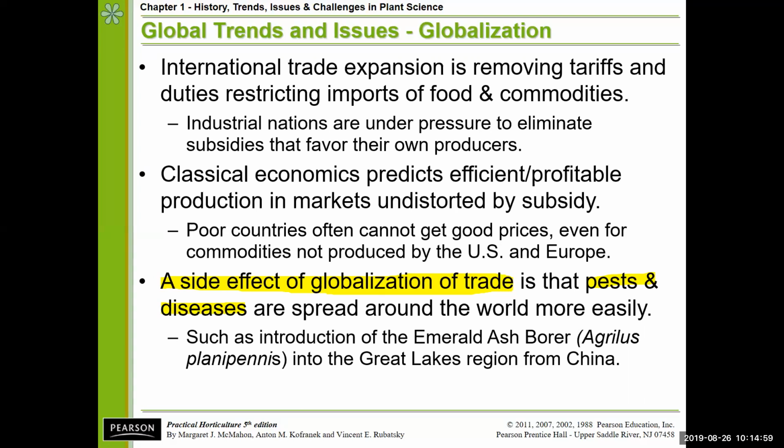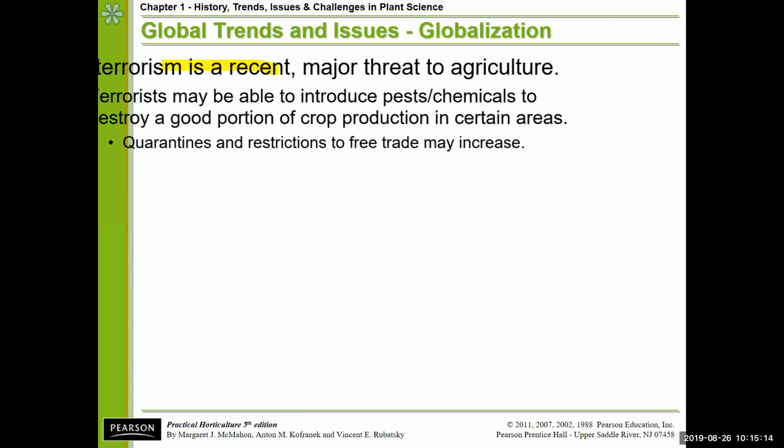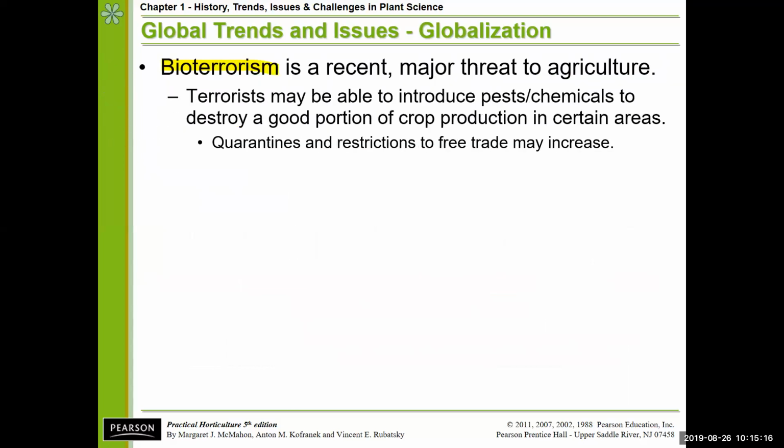We don't have any more American chestnuts, and that's because we imported, probably for ornamental purposes, an Asian chestnut, and on it came this chestnut blight and destroyed much of what was once this very important tree in the eastern U.S., both for timber and for food.